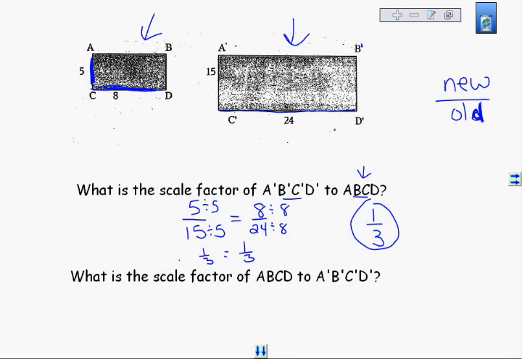Now, you need to find the scale factor of ABCD to A'B'C'D'. So now we're going from this to this. So your larger image is now the new image. So this will go over the old image. New over old. AC over AC.